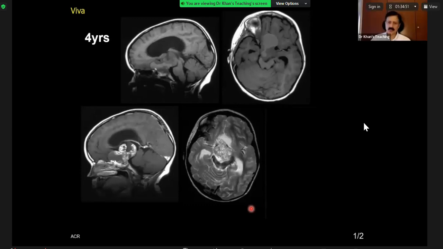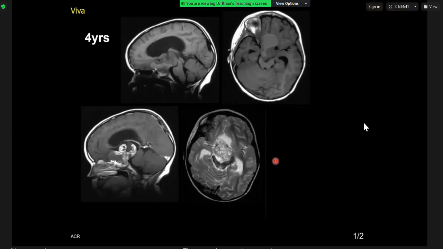Okay, so I'll stop you here. Pituitary macroadenoma, can that happen in a 4-year-old? No. So you see, the point is that once you pick up a lesion and you know the age, just like a bone tumor, the differential diagnosis will be different.